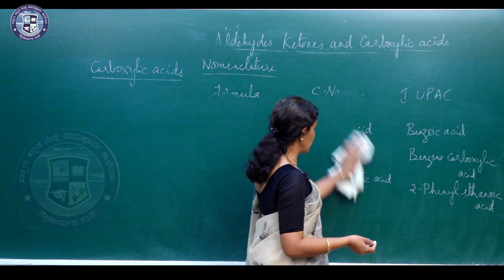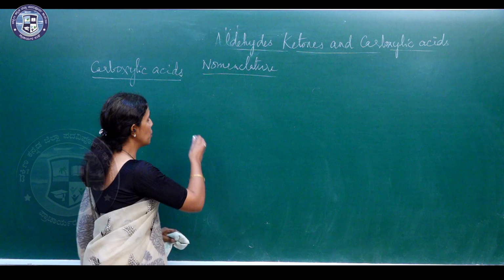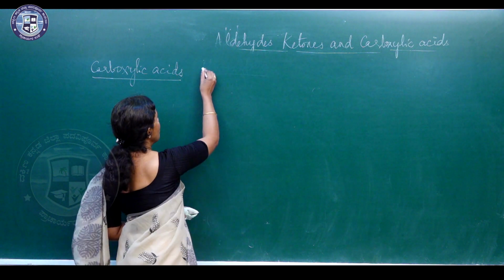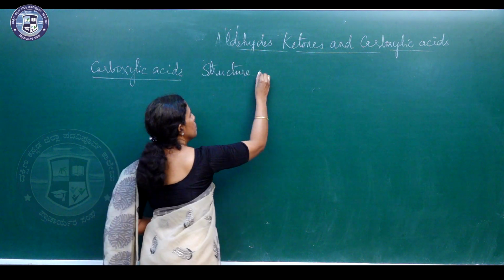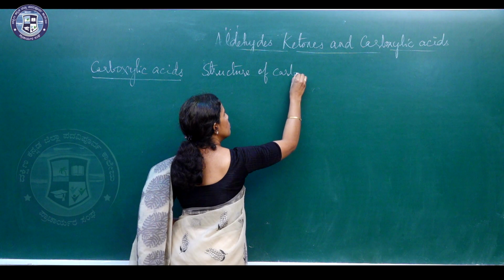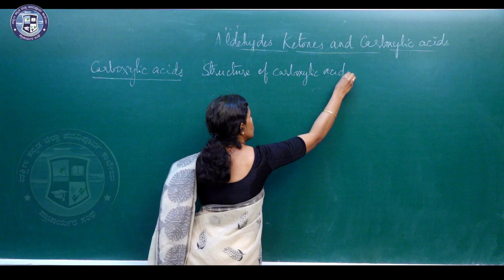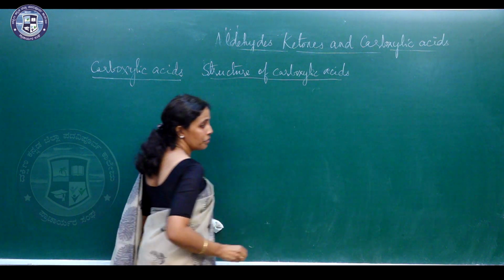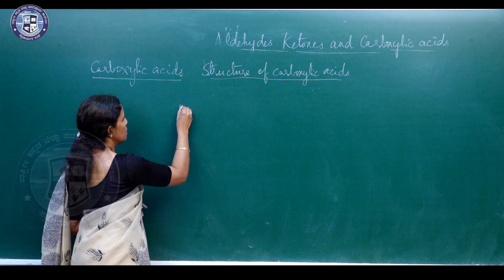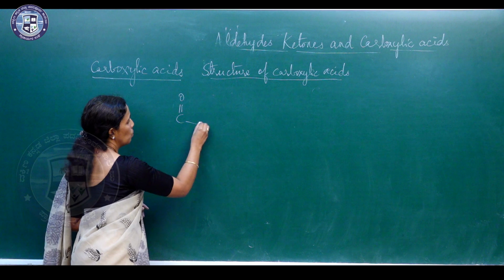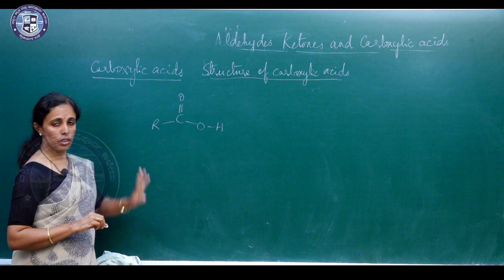So, next we will go to the structure of carboxylic acids. Coming to the structure of carboxylic acids, we know in carboxylic acid there is a carbonyl group, there is an OH group, and there is an alkyl group or an aryl group attached to this carbon atom.